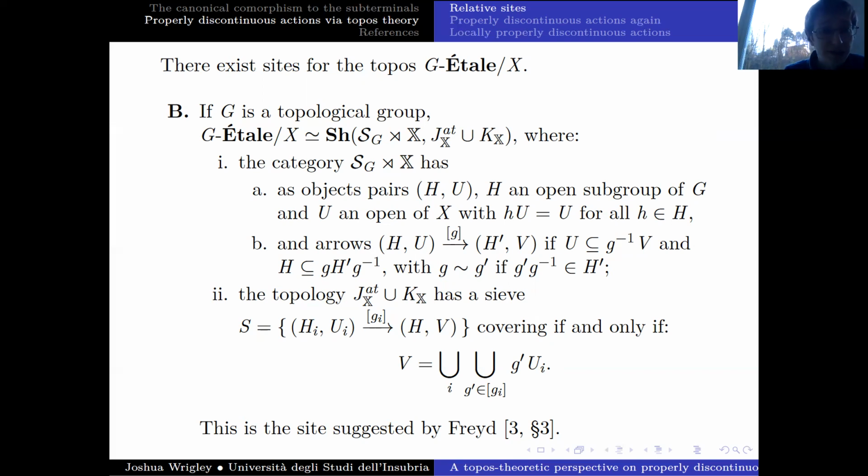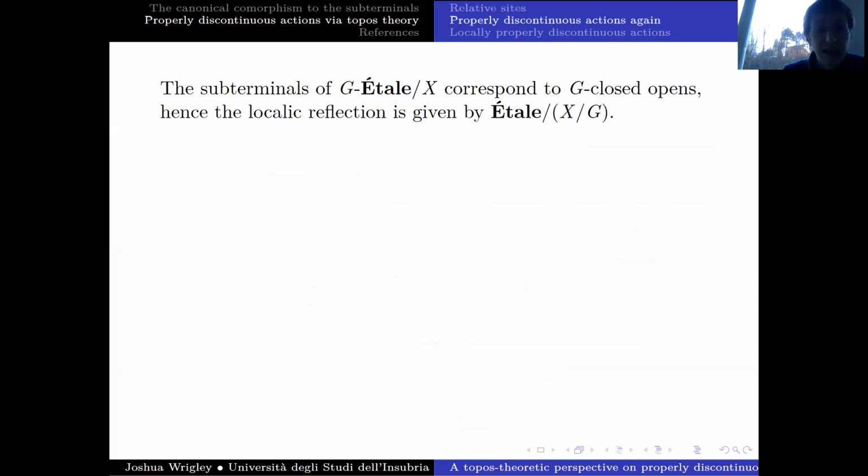So now we have sites for our two particular toposes. And we also understand very well what the subterminals of Geo(G) over X are going to be. They're going to correspond to G-closed opens. They're going to be opens of X which have a compatible G action.